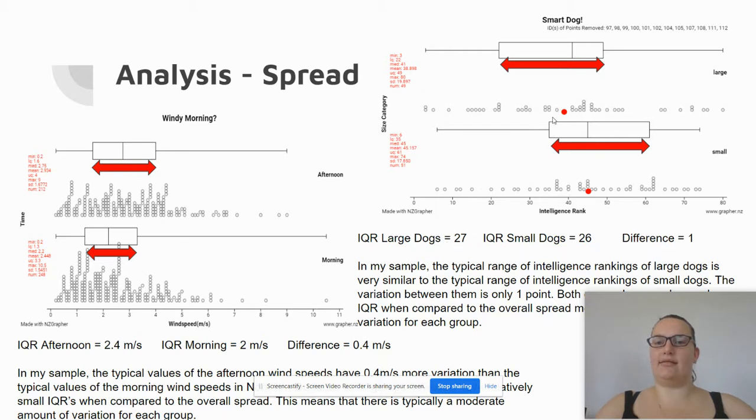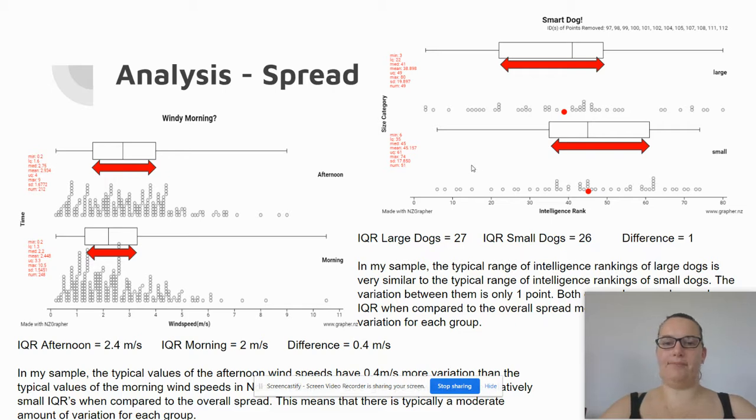And we can see that the IQR of small dogs for their intelligence ranking goes from 35 up to 61, giving an IQR for small dogs of 26. This is a difference of 1, which means that they are very similar in terms of their variation.